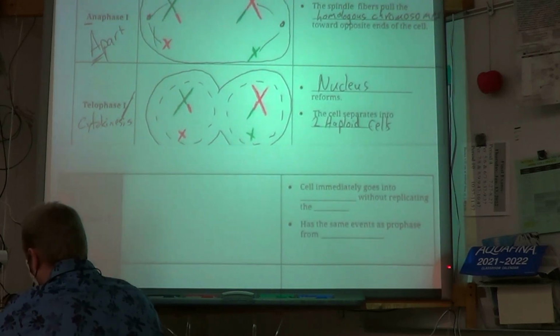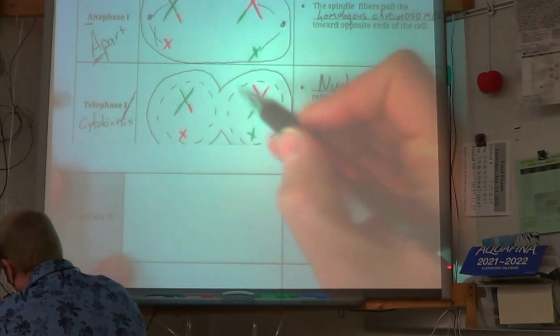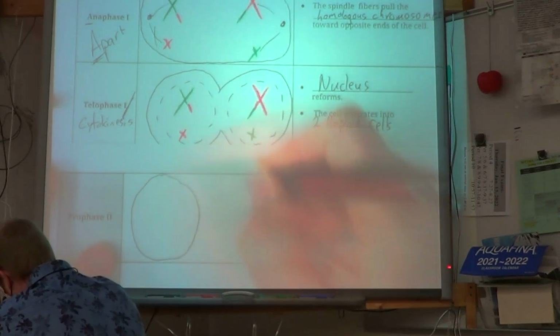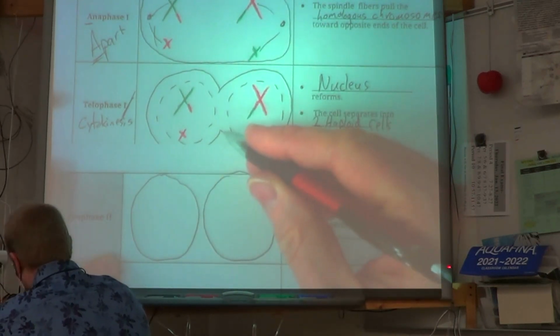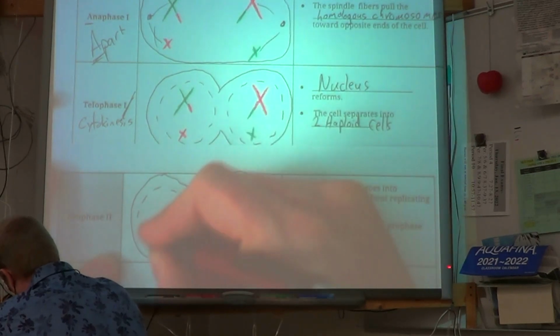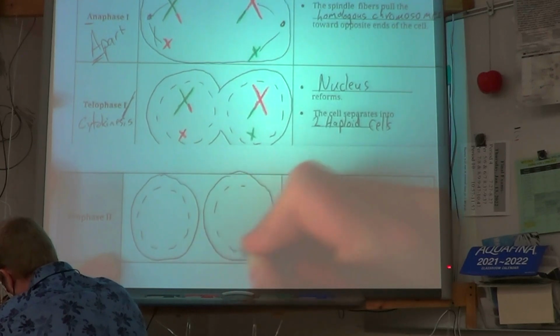So for prophase 2, remember, these cells will now have divided, so I now have 2 separate cells. The nucleus was reforming, so I should have a nucleus. However, that nucleus immediately starts to dissolve again, so don't ask me why.